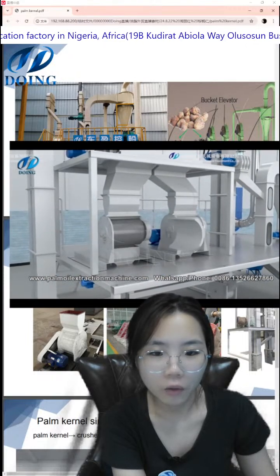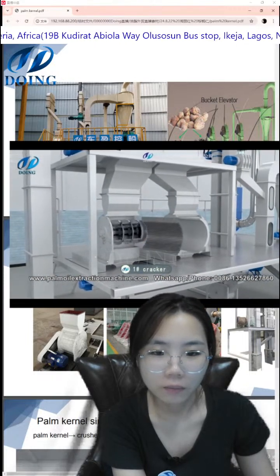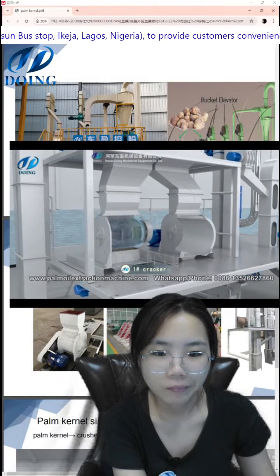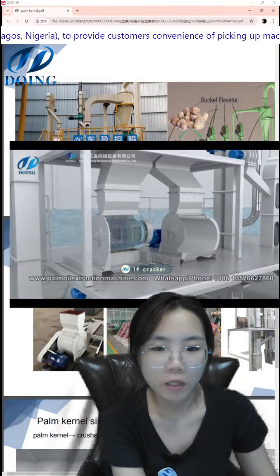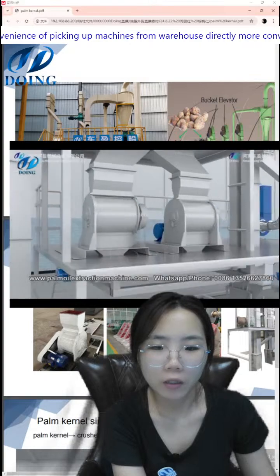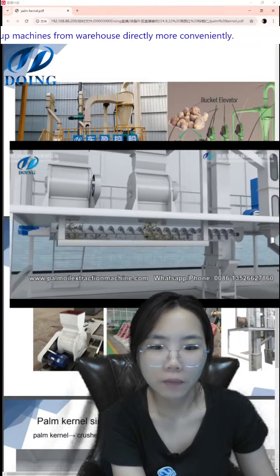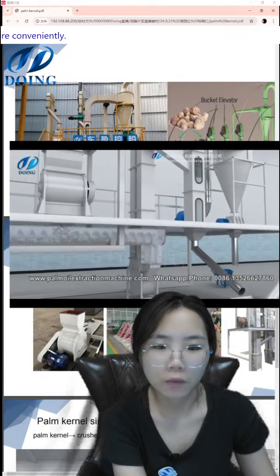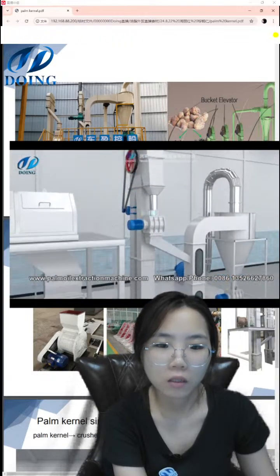And this is a crusher. From this machine we can get the shell and the palm kernel. And then this raw material goes into the bucket elevator and enters the next part.